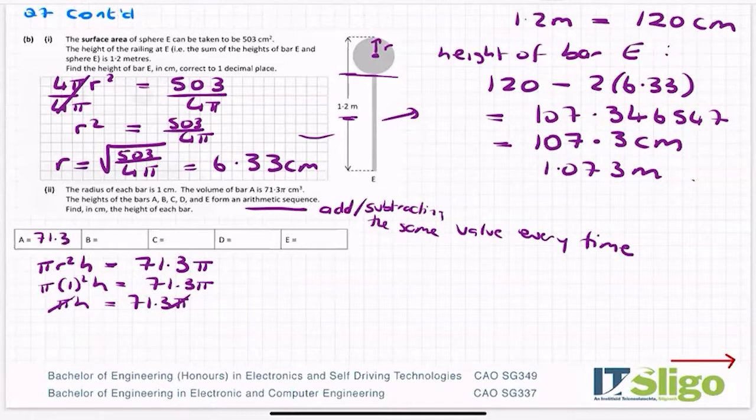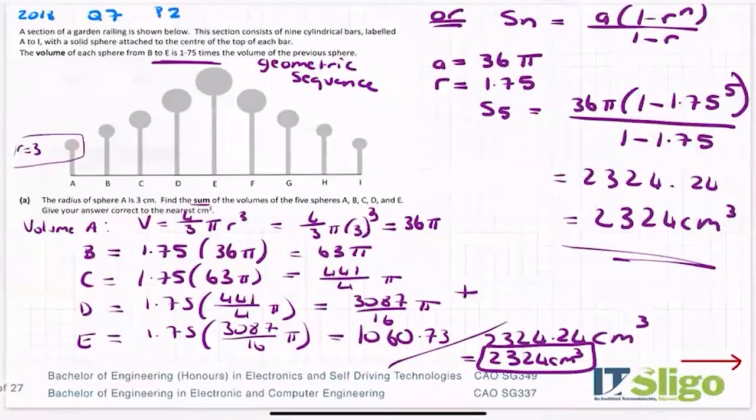The height of bar E, didn't we just work that one out? 107.3. And then bars B, C, D, we don't know any more information about their particular heights.